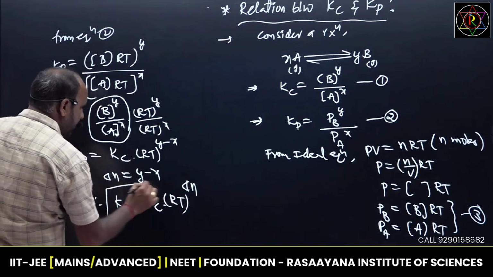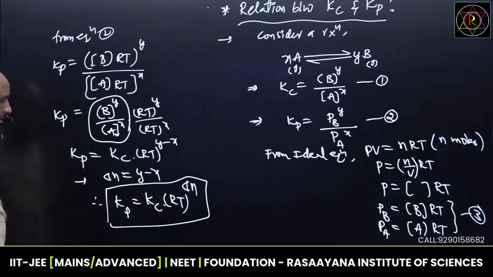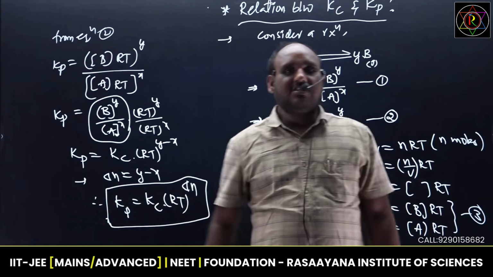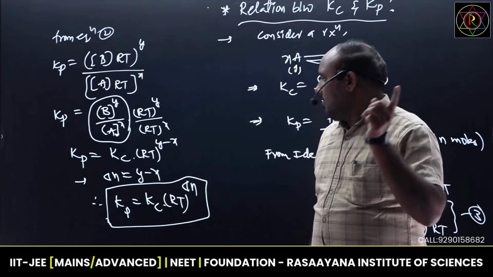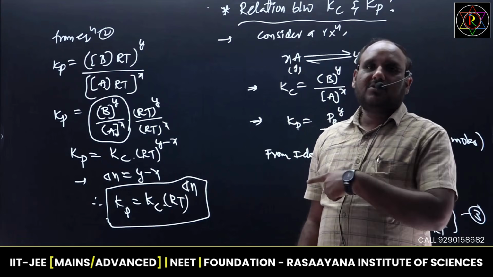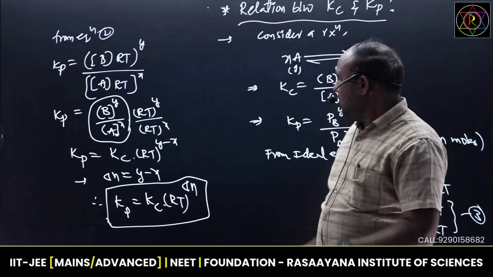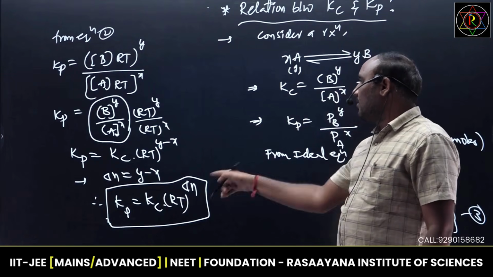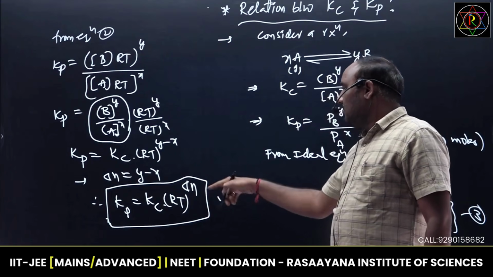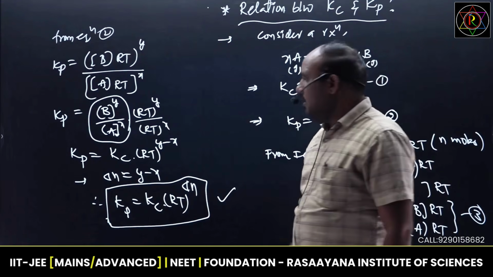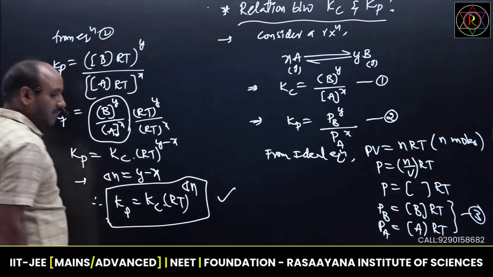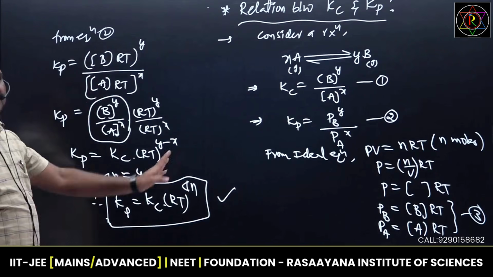This is the relation between Kc and Kp: the equilibrium constant in terms of pressures and in terms of concentrations, and how they are related with respect to the gas constant, temperature and number of moles. We also have to remember the relation directly: Kp is equal to Kc into RT power delta n, where delta n is the number of moles of products minus the number of moles of reactants.